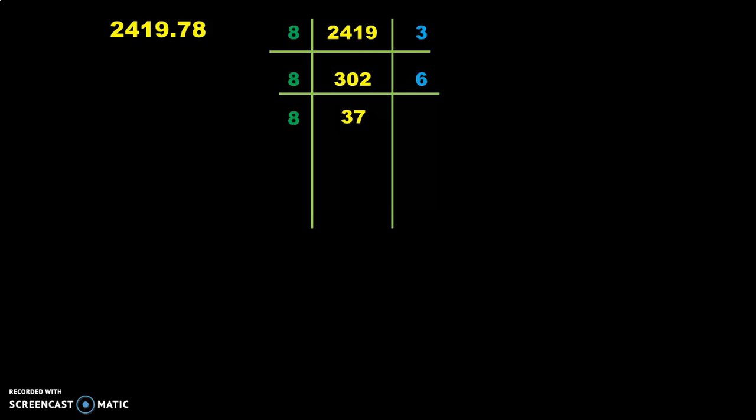If we divide 37 by 8, then the quotient will be 4 and the remainder will be 5. Now you know how to take the quotient and how to find the remainder. In this case 8 4s are 32, so 37 minus 32, so 5 is the remainder.